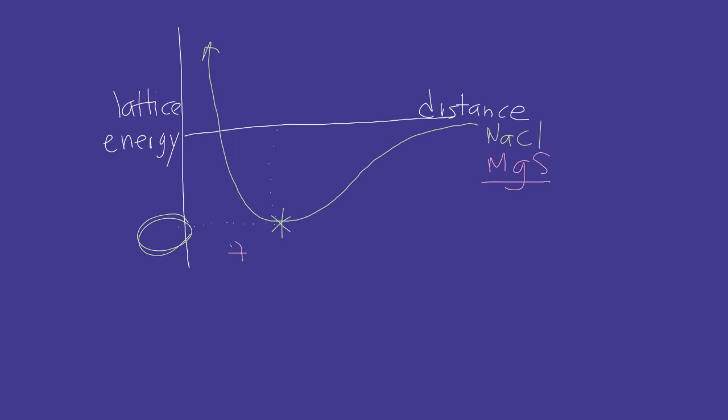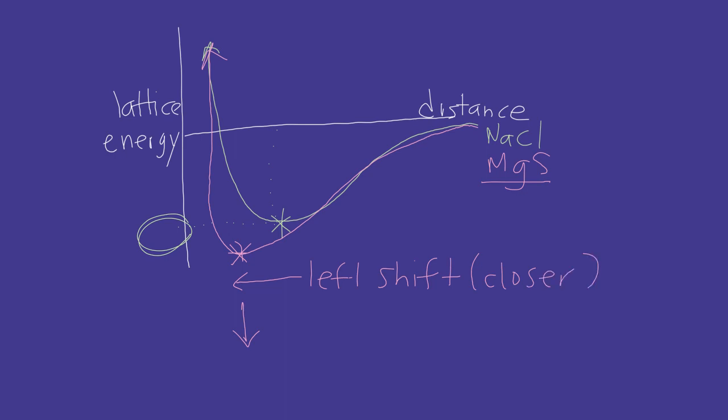So closer together and higher charge, it's going to go down here, more energy and closer together. And I made the trough so it's a little bit easier to follow and something that looks like that. Okay, so we notice here that MgS has a shift to the left, and that is because they're closer, and it has a shift down because it is more energy.